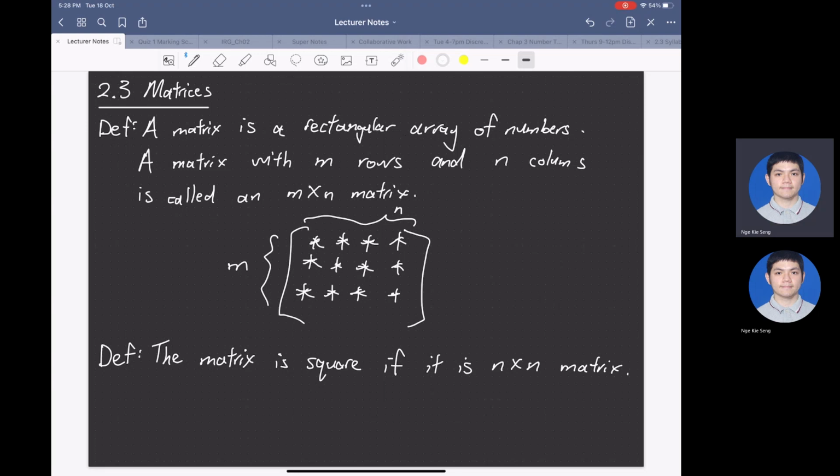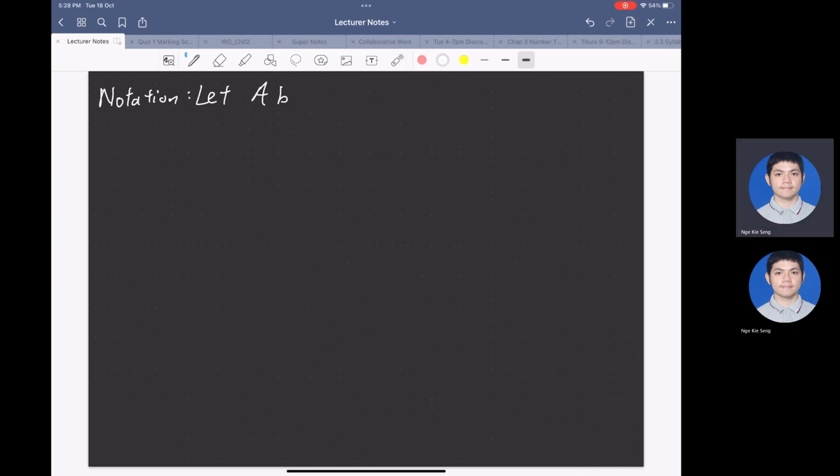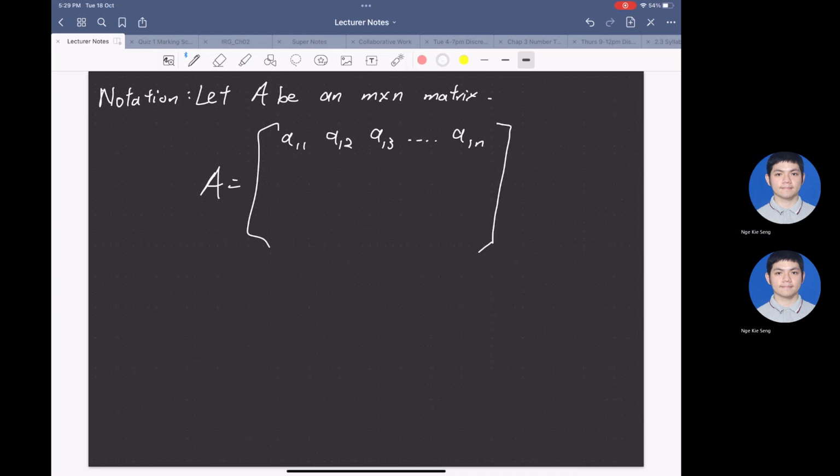Okay, some notation here. Usually we label the entries here. So the entries are A11, A12, A13, until A1n. The first index denotes the row, and the second denotes the column.